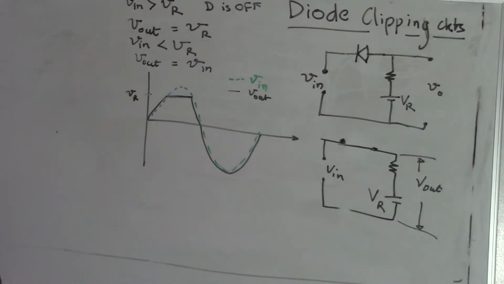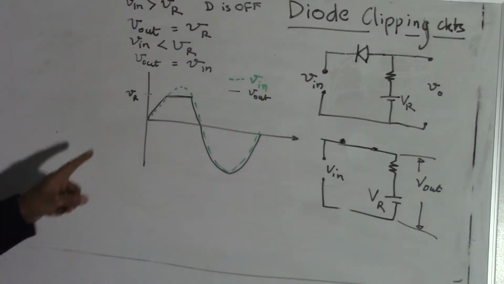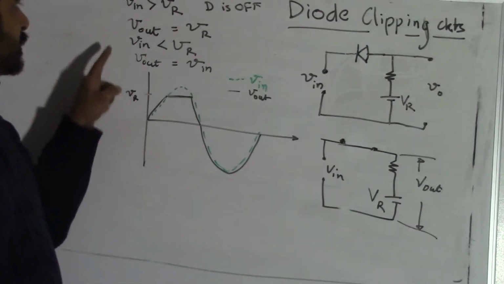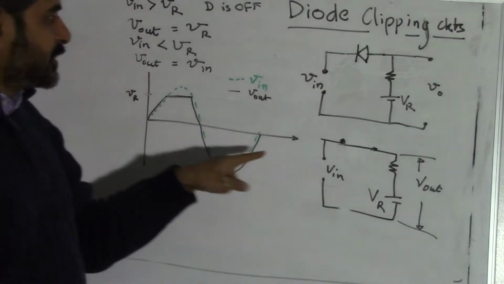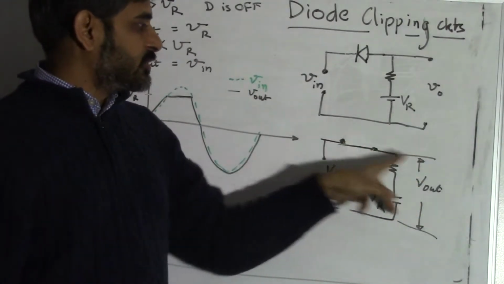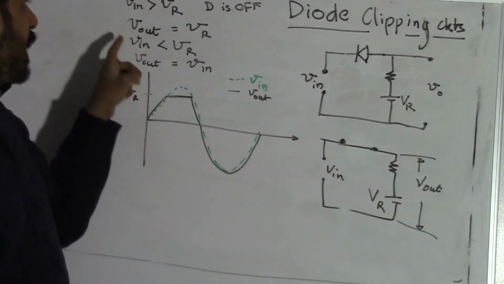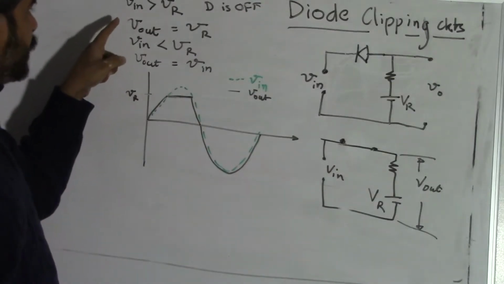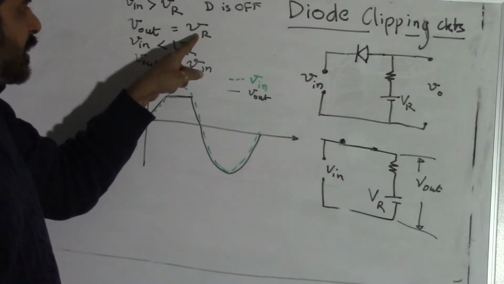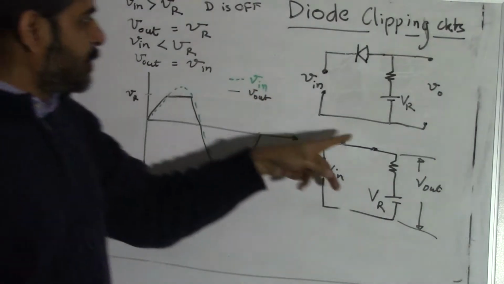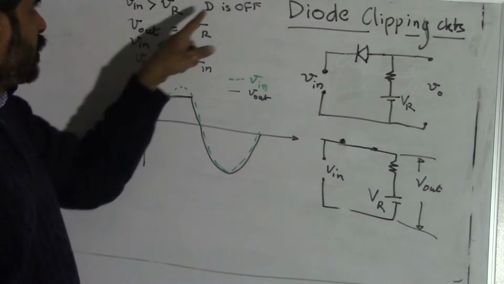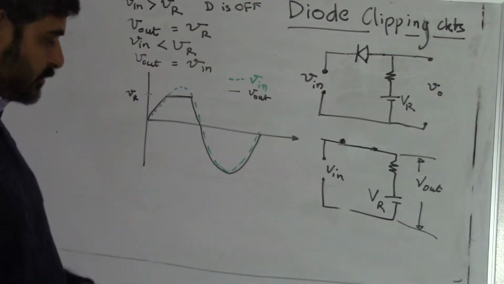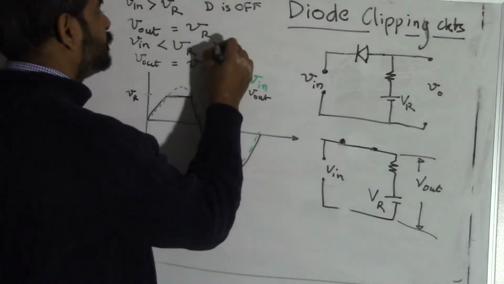The one thing that you need to keep in mind is, when V out is the same as V in, this just follows. And in the other case, when V out is equal to VR, for example, when the diode is on, I should write diode D is on.